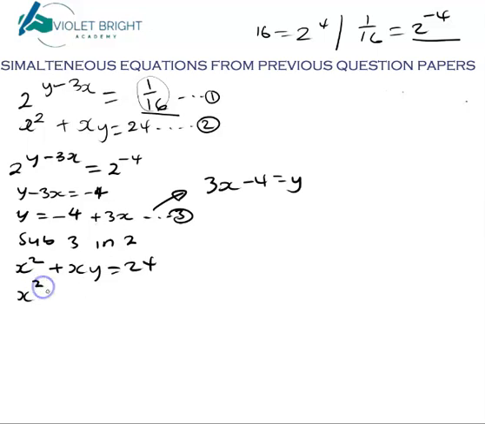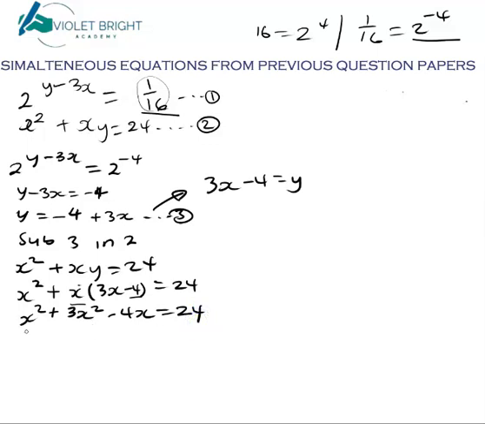So x squared plus x multiplied by 3x minus 4 equals 24. Let's deal with this. It's factorization. x multiplied by 3x is 3x squared. Then x multiplied by negative 4 is negative 4x, plus x squared equals 24.